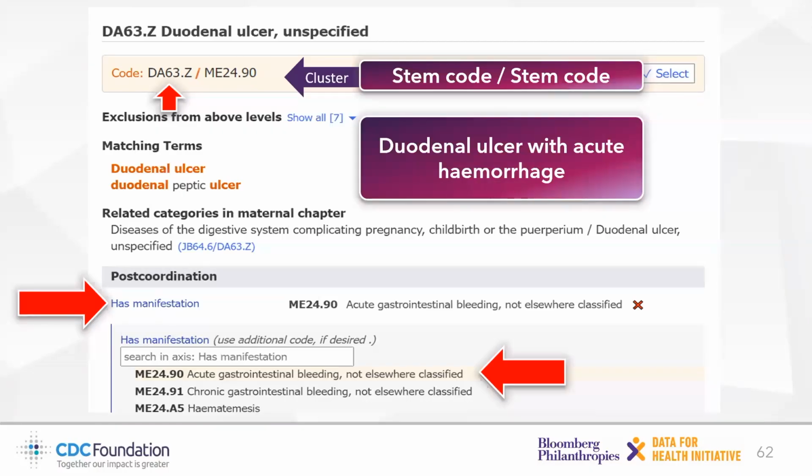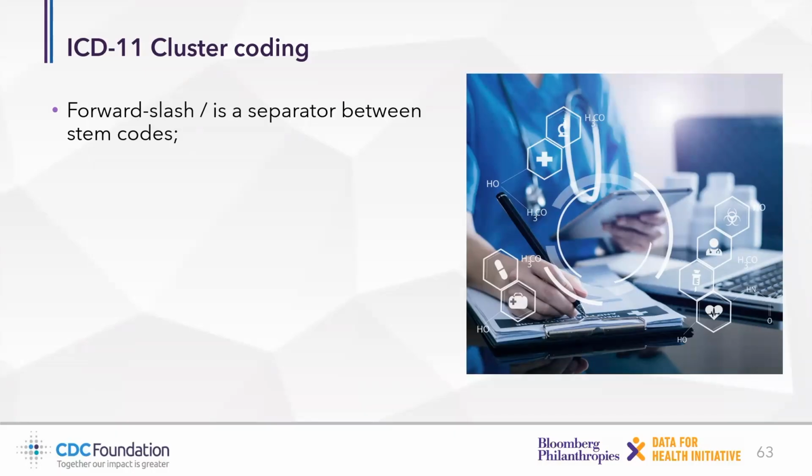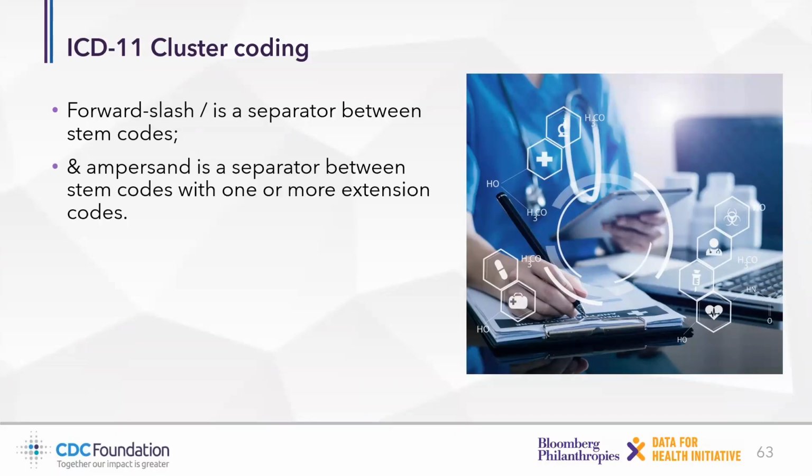I hope this concept is clear to all of you. In ICD-11 cluster coding, the forward slash is a separator between stem codes. Two stem codes are combined by a forward slash. Ampersand is a separator between stem codes and one or more extension codes.